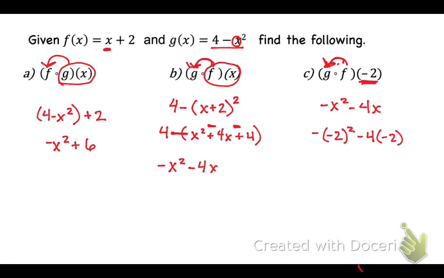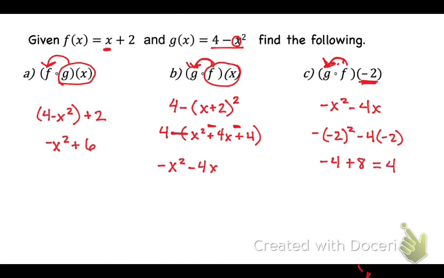Parentheses are important here because without them you would have told me that was a positive 2, correct? And is it a positive 2? No. So negative 2 times negative 2 is 4, but there's a negative on the outside, so it's negative 4, because you all would have told me that's a positive 4, wouldn't you? Plus what? 8. So my answer is 4.